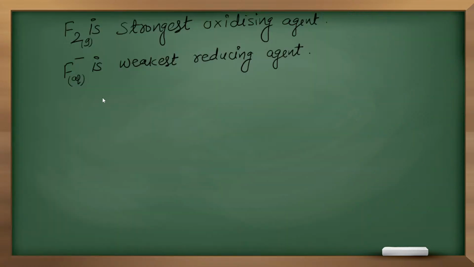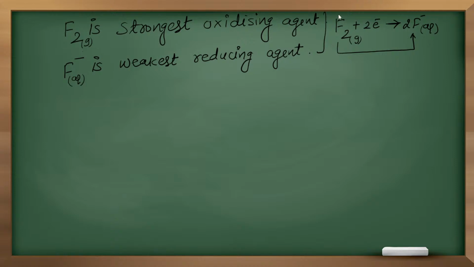Why is it so? Because in first case, fluorine standard reduction potential is highest, so it has very strong tendency to gain electrons. That's why forward reaction is favorable. That means fluorine can gain electrons, but fluoride, its tendency to lose electron is minimal.